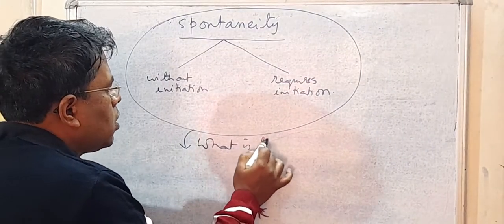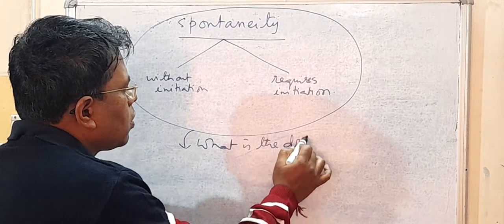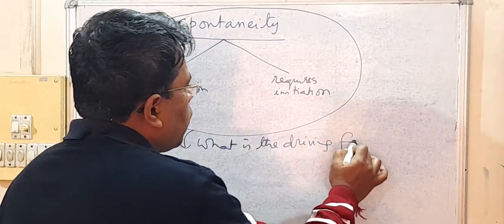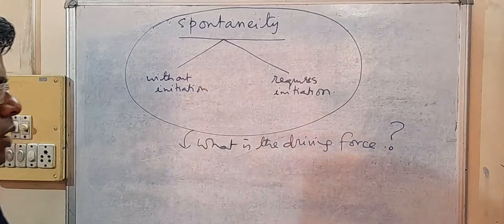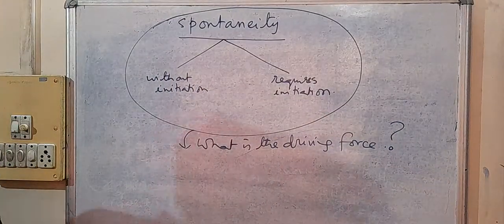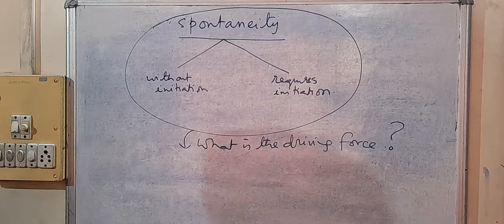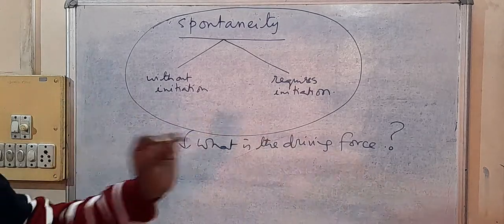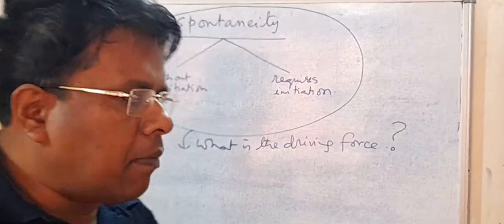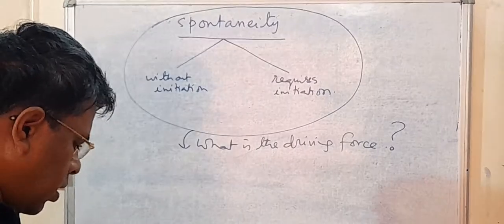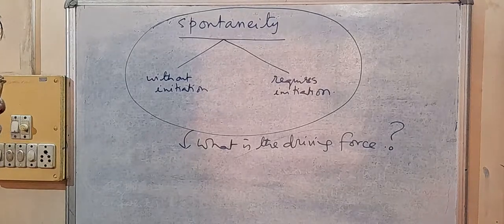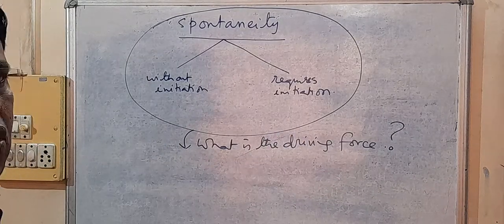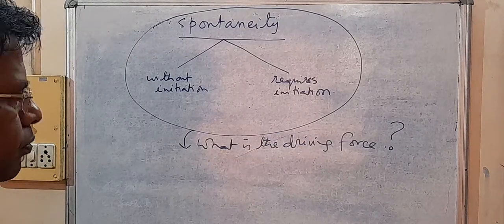If a process happens spontaneously, maybe without initiation or with initiation, there must be some agent, there must be some force which is actually doing it. We need to find out the nature of this driving force.